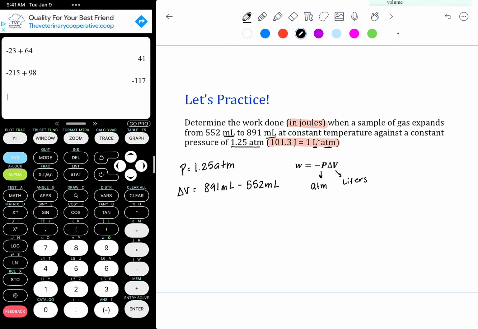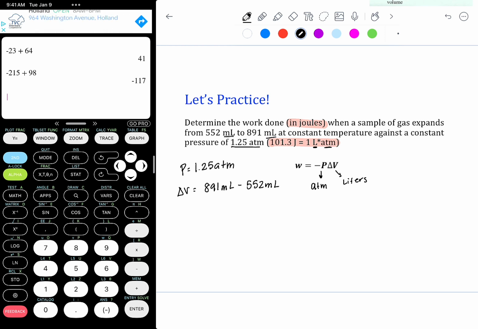Now, you could do this two ways. You could take the difference of those two values now and then convert that difference into liters, or you can convert those two volumes into liters and then take the difference. Either way is perfectly fine. You'll get the same answer. You just have to make sure that your unit of delta V is in liters so that we can use it for our conversion factor later.